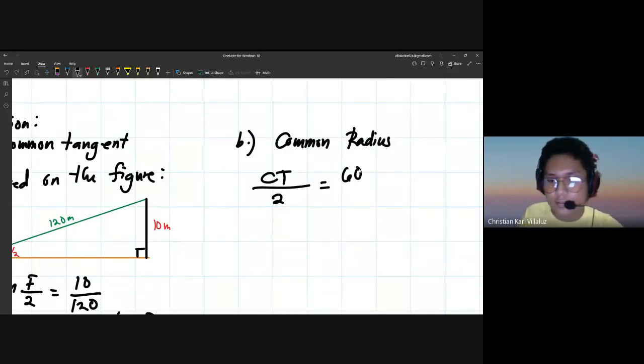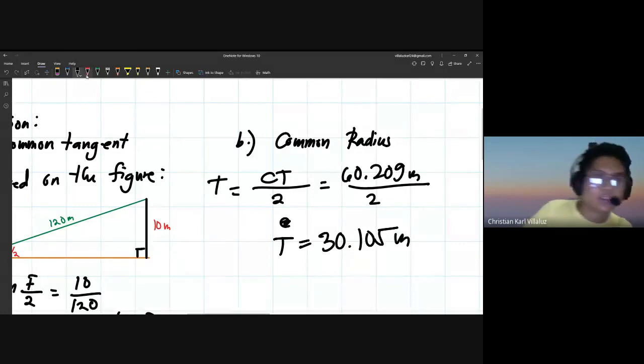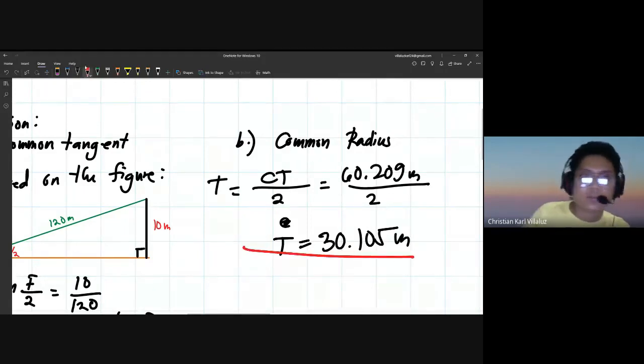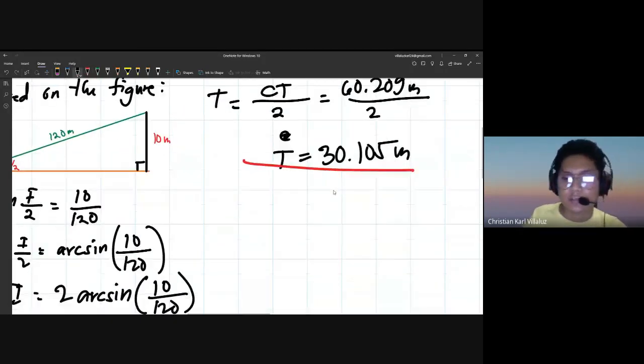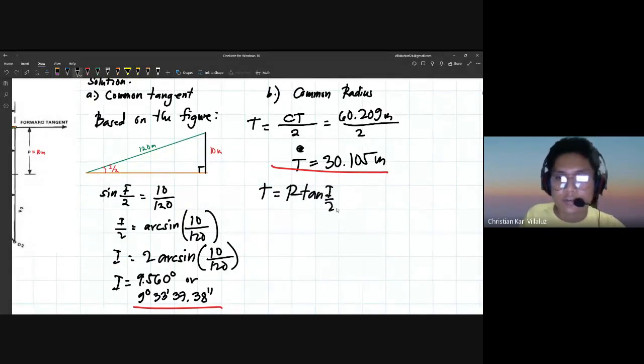So yung 60.209 meters divided by 2 is equals to 30.105. So this is the tangent, 30.105 meters. From that, we can determine the radius of the curve since we already have the angle of intersection. So tangent is equals to R tangent I over 2.